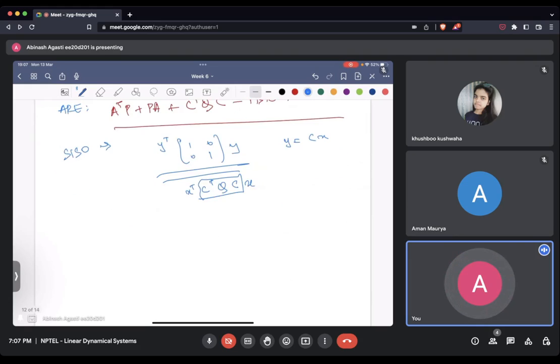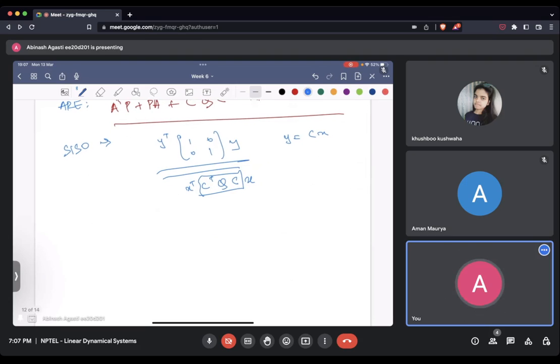Okay, let's just think about this. Let's say I take y square, and say I want to minimize this over all time. So what does this mean? What would y square indicate? In some sense, if I want to minimize y square, then I want to keep my output at a low amplitude as much as possible.